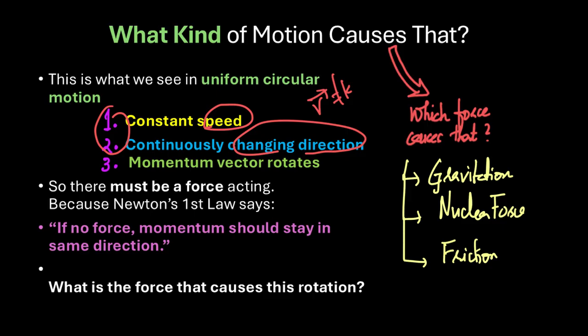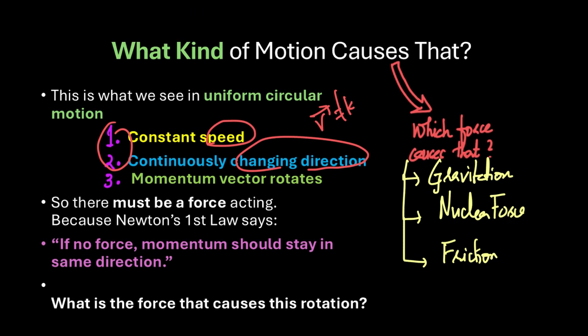Come on, of course. Why? Because if there is no force, the momentum should stay in the same direction. If momentum is in the same direction, then the velocity vector should also be in the same direction, which is not the case here. Why? Because the velocity vector is changing. And if the velocity vector is changing, it means that there is some force that is causing this velocity vector to change. Now, what is that force which is causing this rotation?